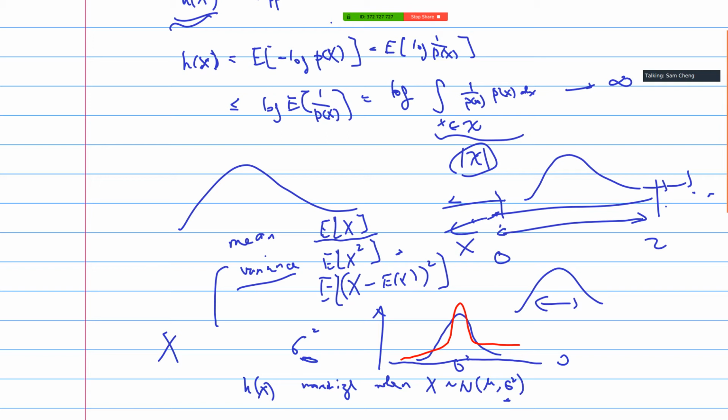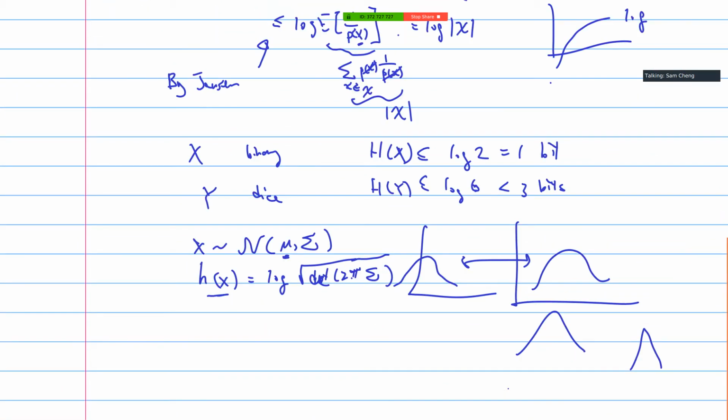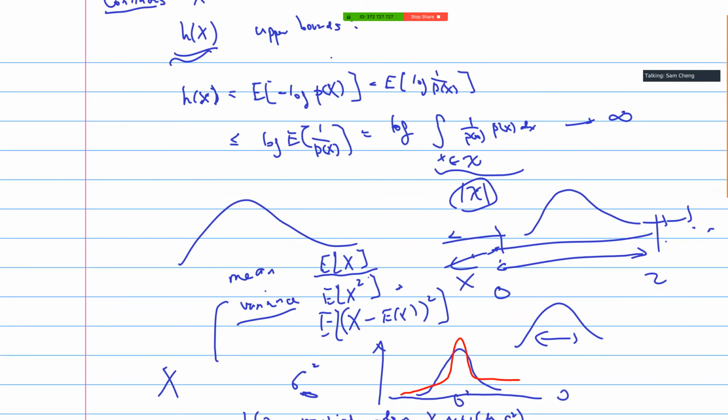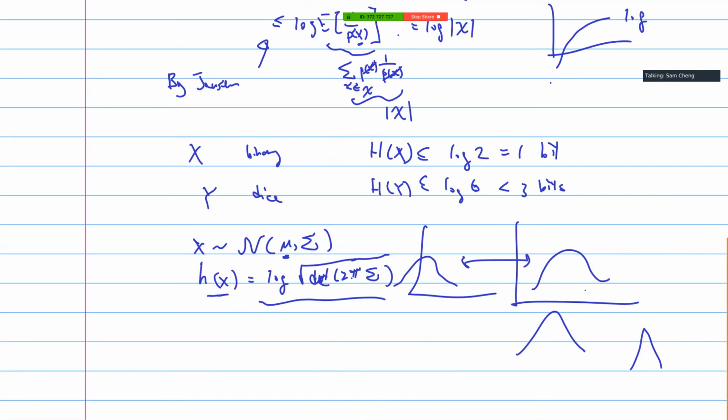So from what we recalled earlier for differential entropy, for a Gaussian random variable the differential entropy is given by this. Oh, I already immediately forgot what that is.